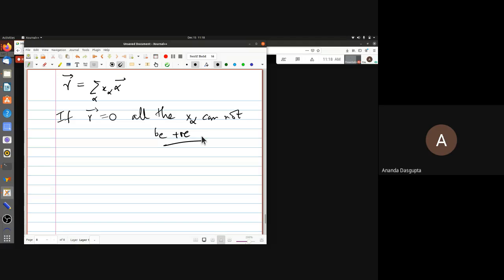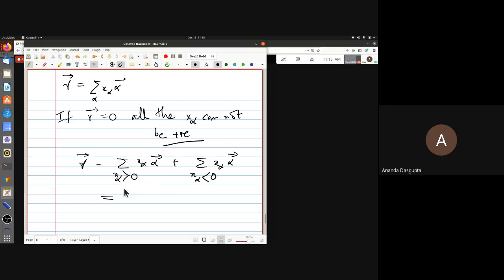All we have established is that for gamma to be zero, some of the x alphas have to be negative. So what you can do is break up gamma into two pieces. Let's say gamma is basically a sum of these kinds of vectors, where these are the vectors for which x alpha is positive, and these are the vectors for which x alpha is negative.